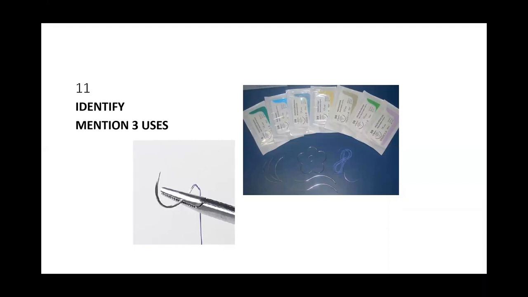Okay. An ideal suture should be sterile. Yes. An ideal suture should be inert. An ideal suture should have a low memory. An ideal suture should have a high tensile strength.